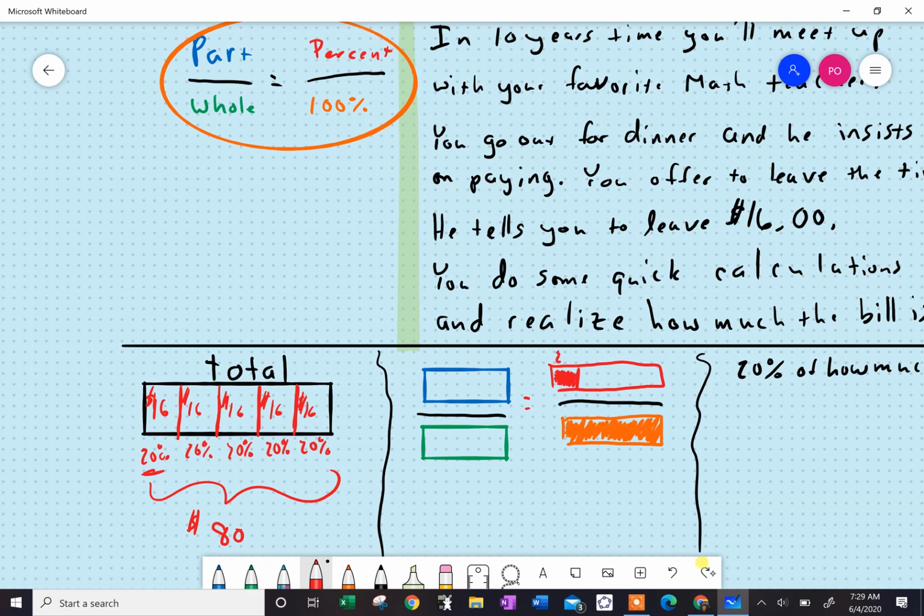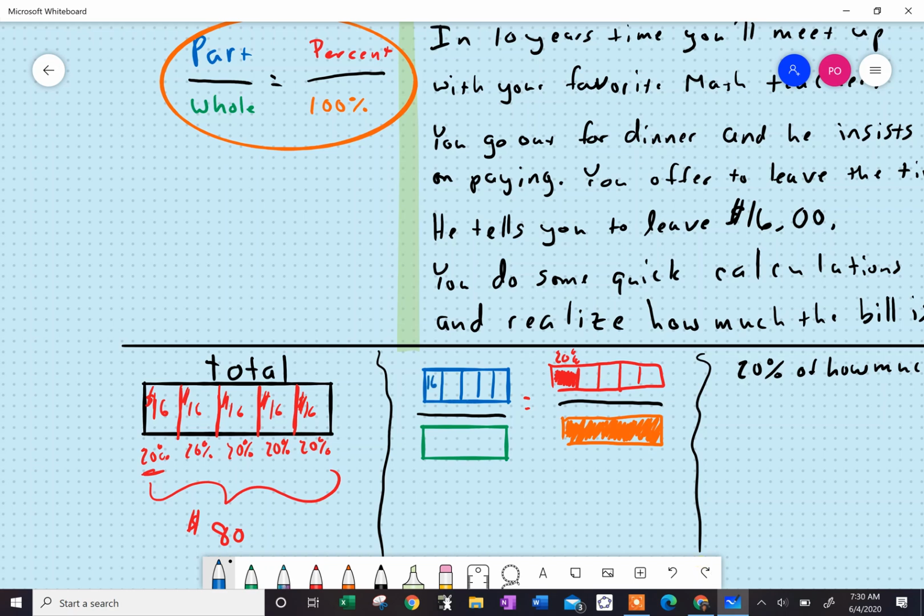All right, so this is 20%. So 20, 40, 60, 80, 100. That's 100%. I only have 20%. My total, my whole thing, I don't know. But I know that this is 16.